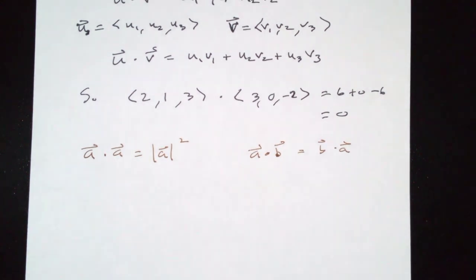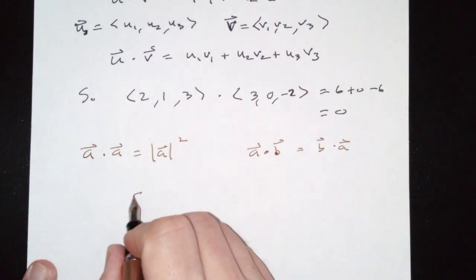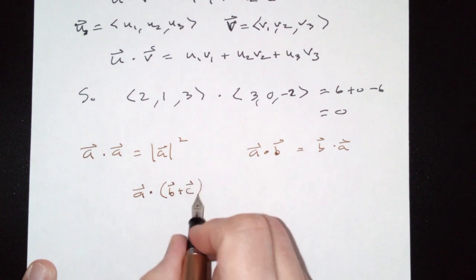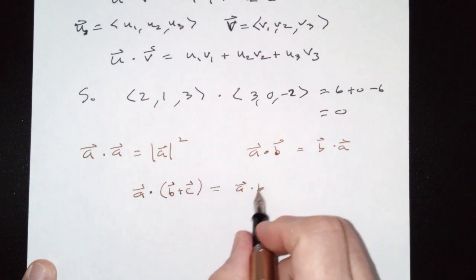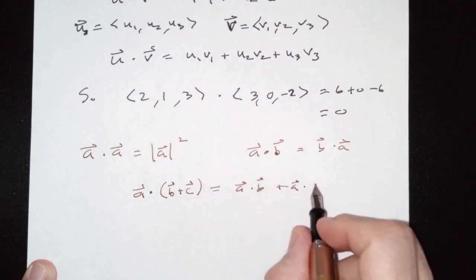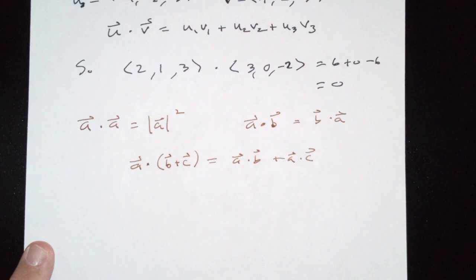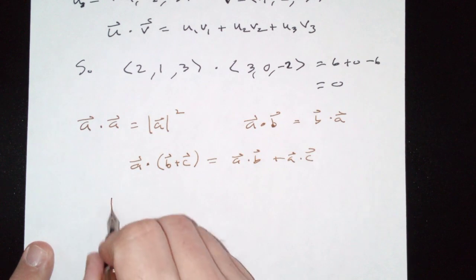The distributive rules work. A dot (B plus C) is the same as A dot B plus A dot C, which is good because I'd like the rules that we are used to still hold. Scalar multiplication can be distributed as well.